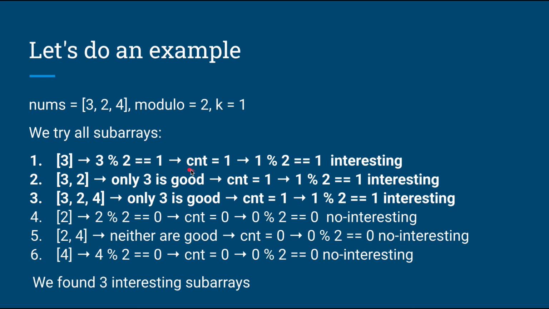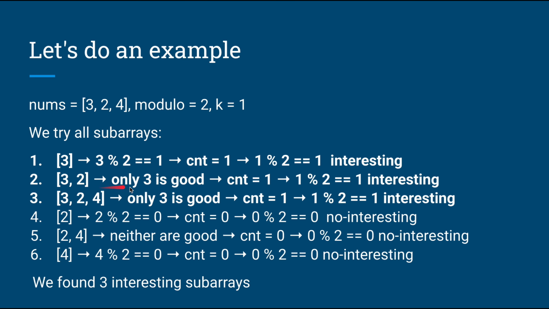Here the count of such numbers we call CNT, and CNT is 1. Now we divide by the modulo: the CNT count is divisible by modulo, and that is equal to 1. So this is called interesting.